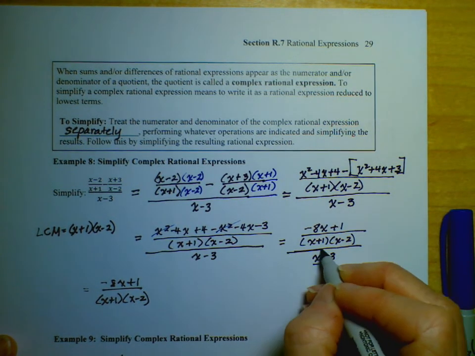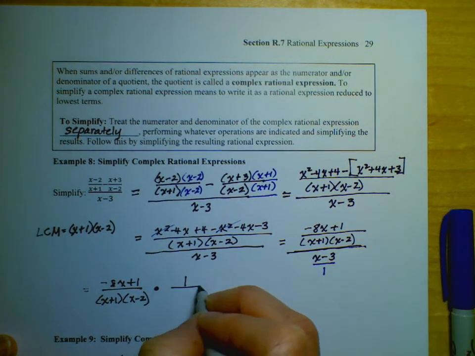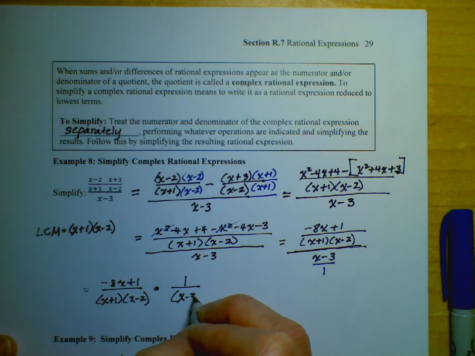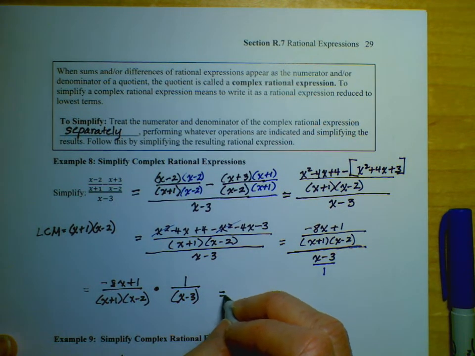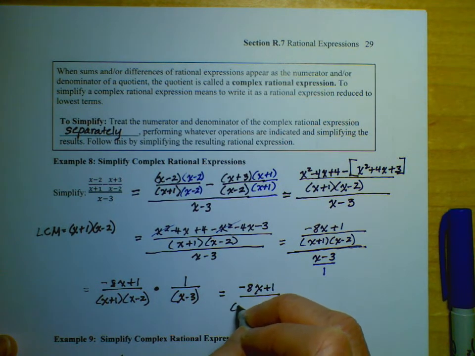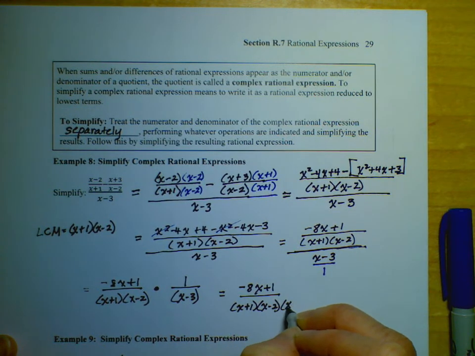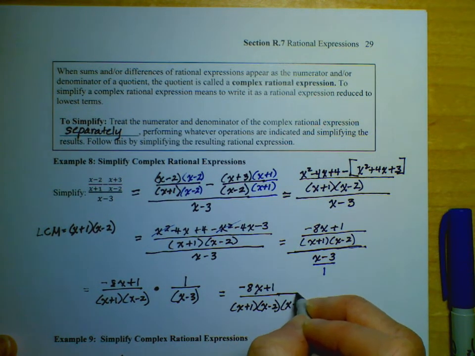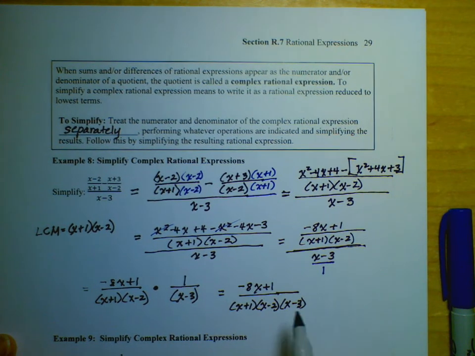We'll change this division to multiplication, and we'll flip 1 over x minus 3. Flip the bottom one, and our final answer then is negative 8x plus 1 over x plus 1, x minus 2, x minus 3. We can't simplify that any further. We can't factor this any further or cancel anything out.